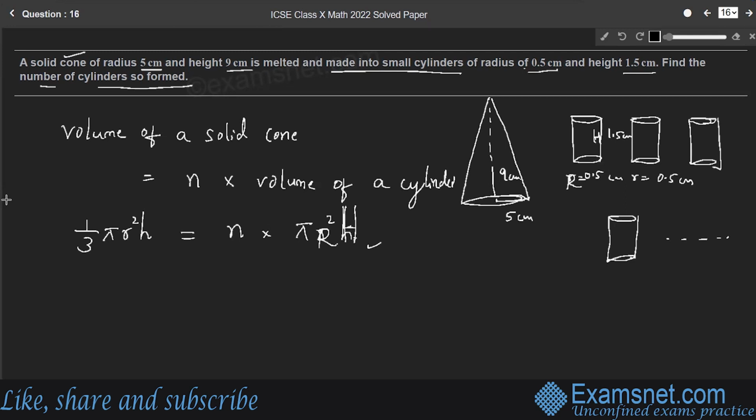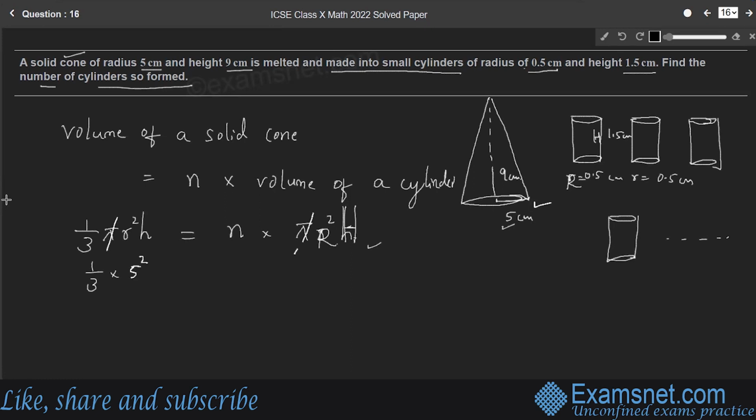Here small r is the radius of the cone. Pi is 22 by 7, or you can just consider pi as pi only, since pi and pi will get cancelled.